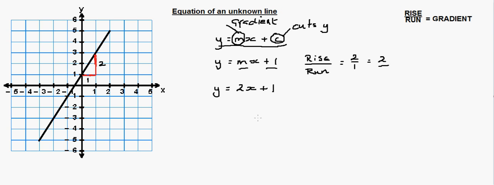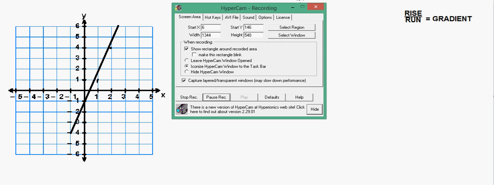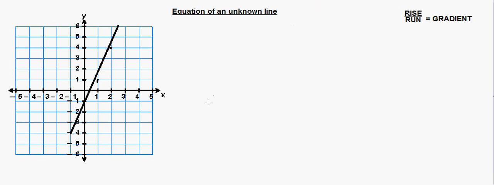So I'll pause it and I'll draw another one. I've drawn another line here, and they would say find the equation of this line. Examiners want to see y equals mx plus c, so they know that you understand this and what it all means.